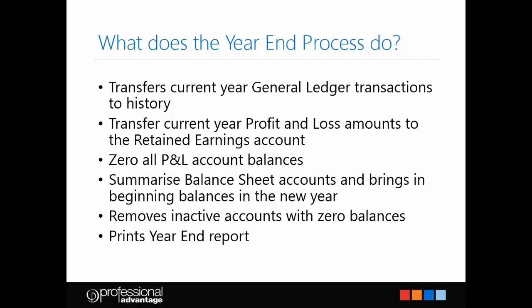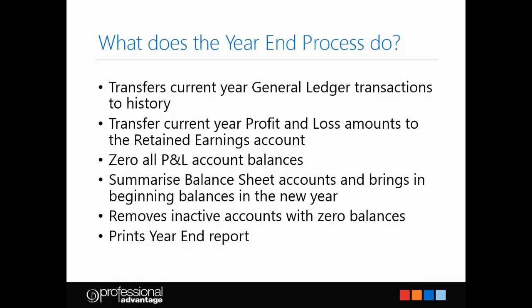The second thing the year-end process will do is transfer current year profit and loss amounts to the retained earnings account. What that means is when we set up GL, General Ledger, there are master records we need to set up, which are your chart of accounts. When we set up the chart of accounts, we need to define whether the posting type of a particular account is profit and loss or balance sheet.